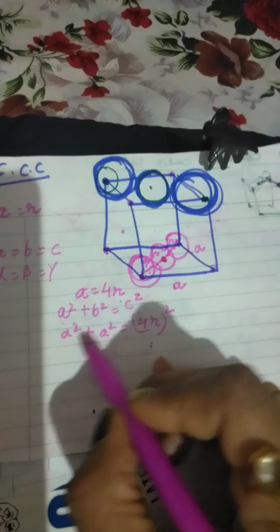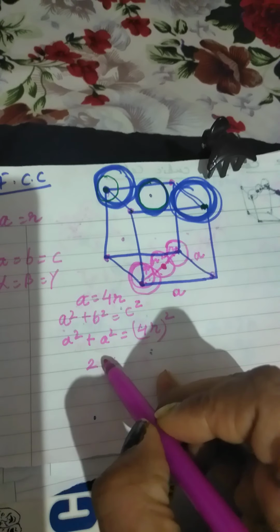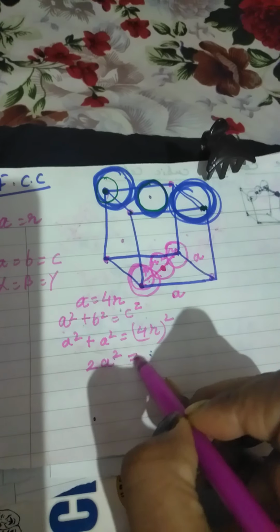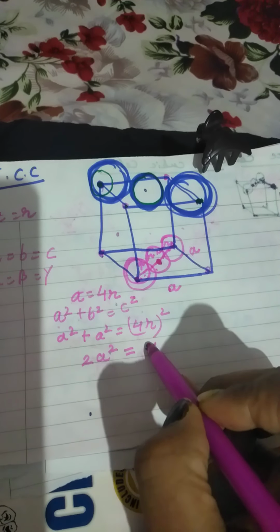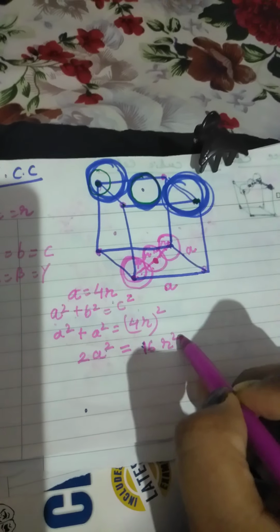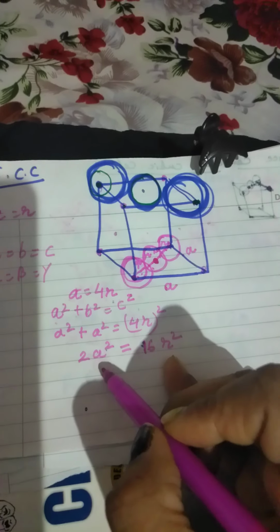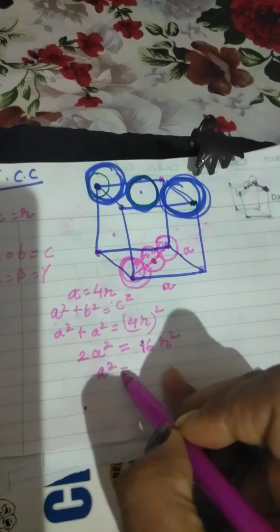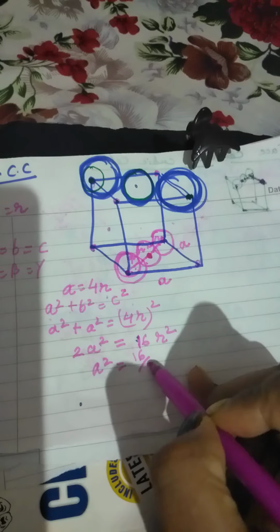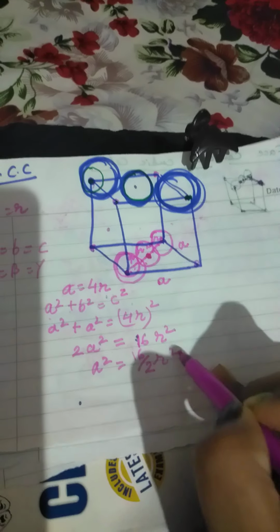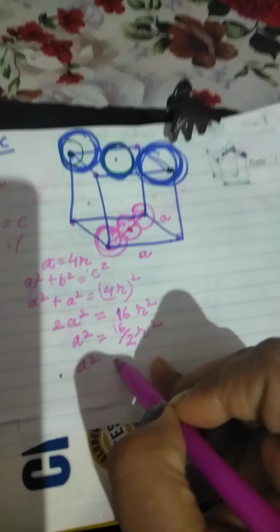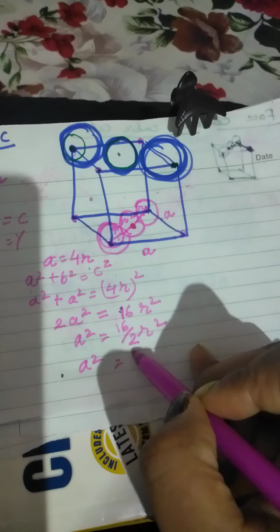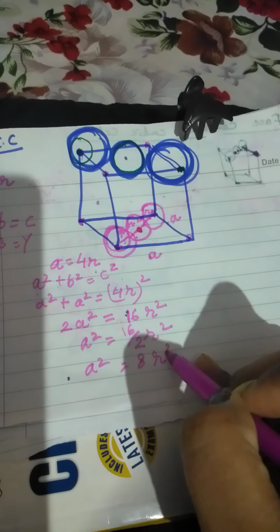A square plus A square, this will be 2A square, that is 4, this is 16R square. Clear? Now we can write here A square equals to 16 by 2 R square. A square equals to, 2 8s are 16 R square.